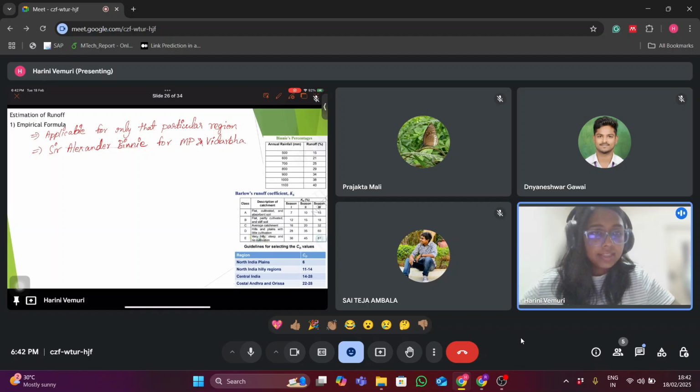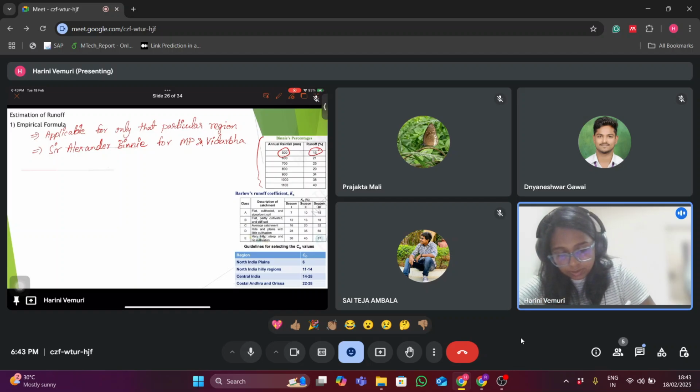Here, by taking the rainfall and stream flow runoff measurements, he has given a table. Suppose we have 500 of rainfall, then he is saying that 15 percent of rainfall will be converted into runoff. Like that he has given different runoff percentages for the annual runoff values.